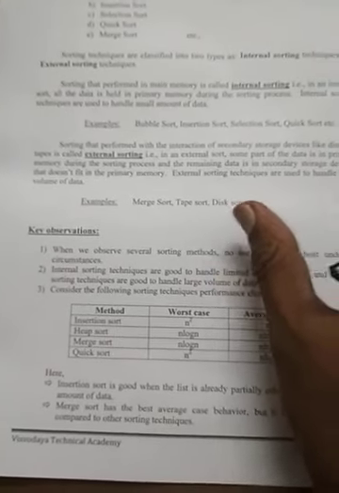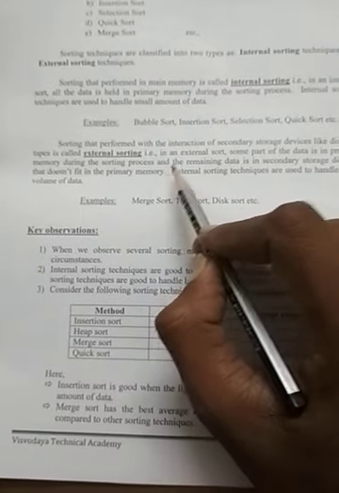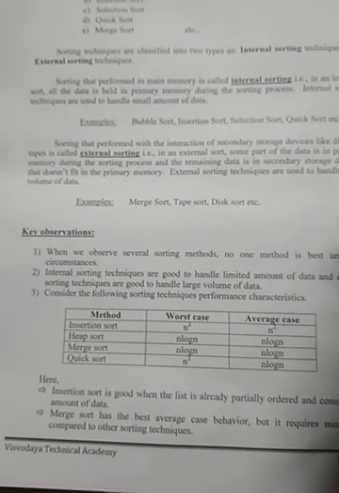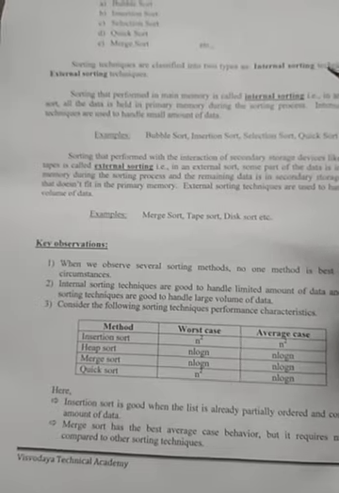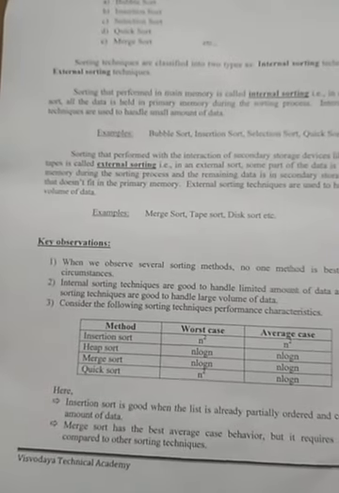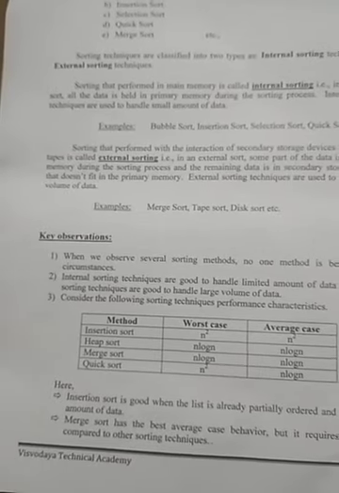In this case, some portion of the data is extracted into the main memory, then it is sorted, then it is retained in the secondary storage devices temporarily, and then the remaining part is collected back into the main memory, sorted, and then the previously sorted portion is combined with the second part or the third part, and so on.